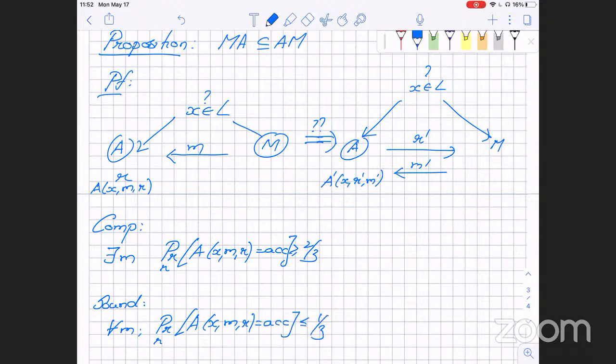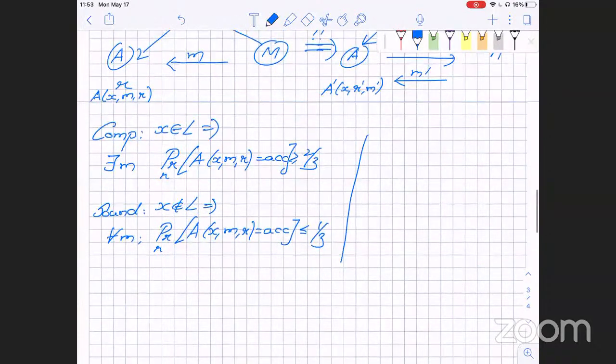Certainly, if you flip the order of quantifiers, you can show the same thing. This is in the case when X belongs to L. Then you have X not belonging to L. In this case you can flip the quantifiers, and for a particular M, for most R you can actually get the same thing.